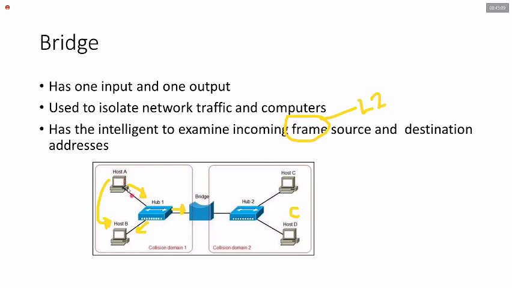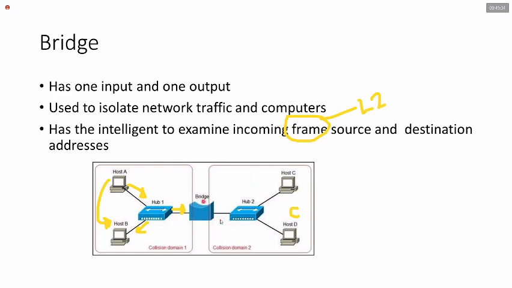Let's say A is trying to send a message to C. A will send it to the hub and the hub will send it to B and the bridge. Now when the bridge receives it, it can look at the next hop address, which is C. The bridge knows C is on the other side of my network, so it will copy it to C. Is it clear what is happening?